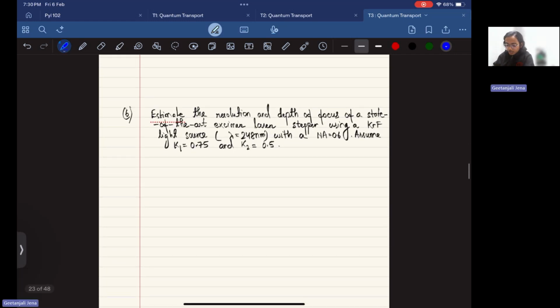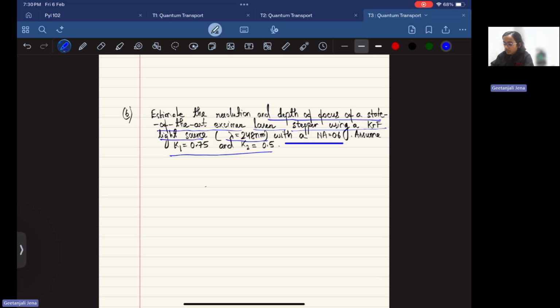Question number 6. It says estimate the resolution and the depth of focus of a state of the art excimer laser stepper using a krypton fluoride light source, where lambda is 248 nanometer, with a numerical aperture of 0.6. Assume that K1 is 0.75 and K2 is 0.5.